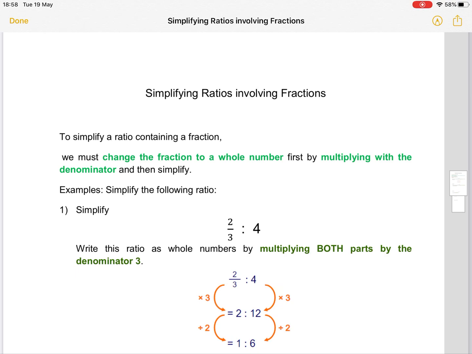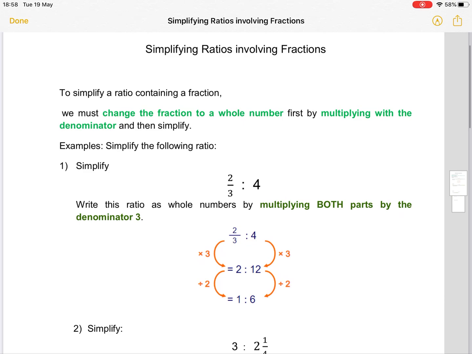For example, let's start discussing the examples and write the notes or any working accordingly. In the first example, we need to simplify 2/3 is to 4. Now, the only fraction that we have in this ratio is 2/3, okay? So I need to write this ratio as whole numbers by multiplying both parts by the denominator.